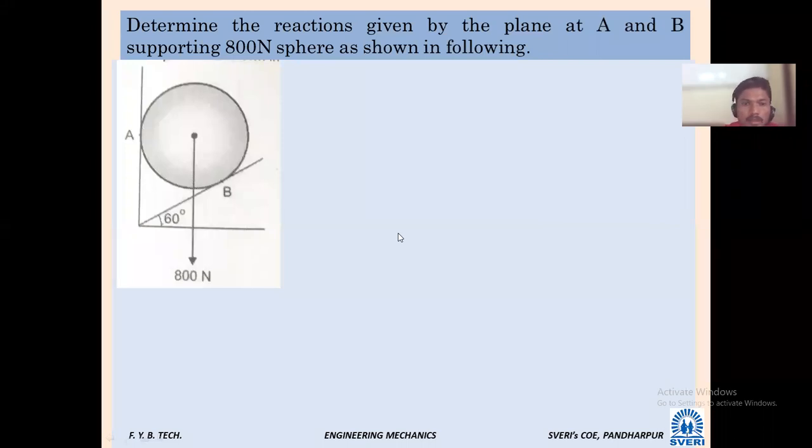Roll number 56, I am not finding. Okay, absent roll numbers, I will read once again: 7, 12, 22, 47, 56. Is there anyone present apart from these? If not, we will stop.